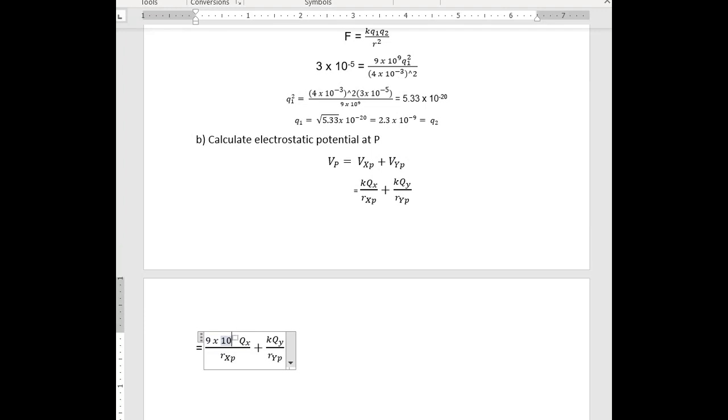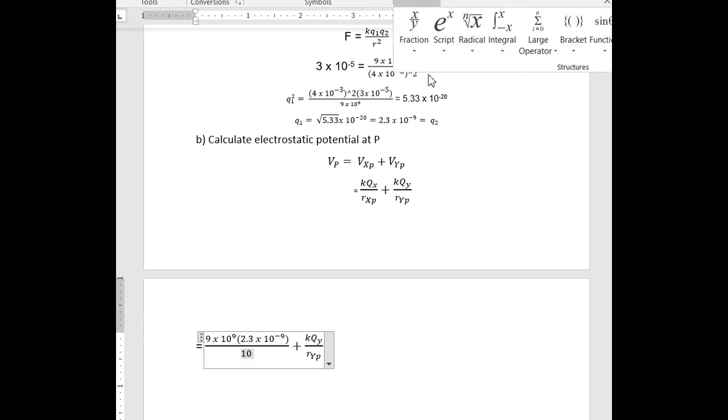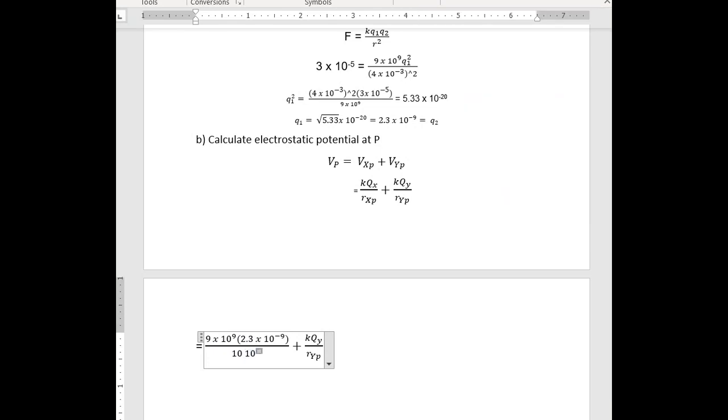9 times 10 to the power of 9. Charge at X is 2.3 times 10 to the power of minus 9. Distance between them is 10 millimeter, which is 10 times 10 to the power of minus 3 meter.